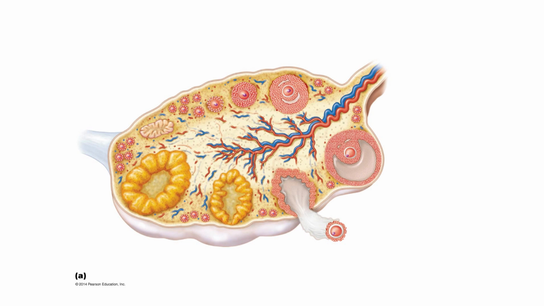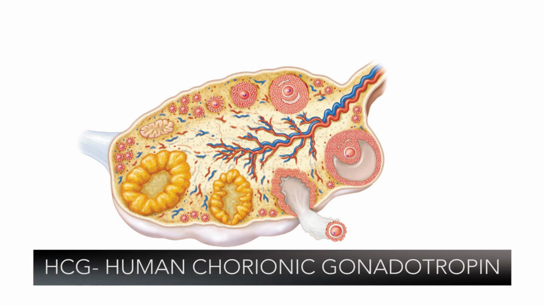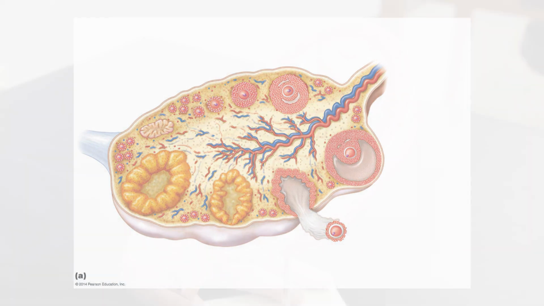Once the egg is implanted, the placenta puts out another hormone called HCG, human chorionic gonadotrophic hormone. And this helps to maintain the quietness of the uterus for the last trimester.